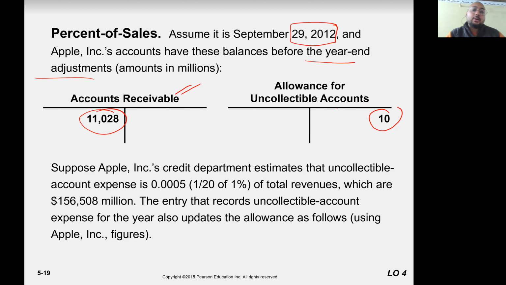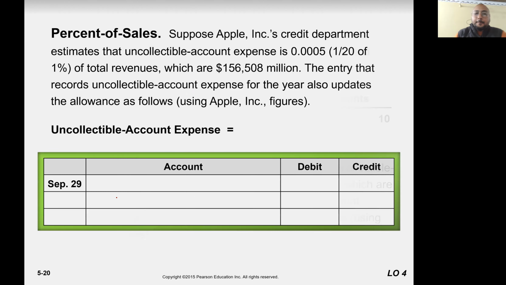Now suppose Apple's credit department estimated that uncollectible account expense is 0.0005 of total revenue, which is 156,508 million. If you multiply 156,508 by 0.0005, the answer is going to be 78 million. All right.